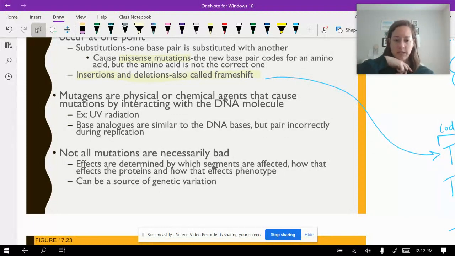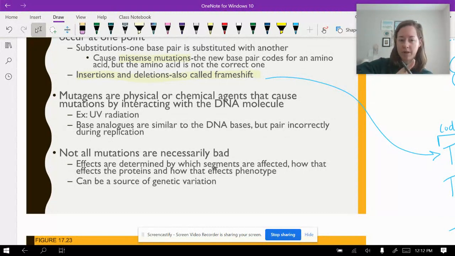And then, of course, I've said this, but not all mutations are always bad. It just depends on what amino acid and what protein gets affected, and it's usually totally random where the mutation lands. Most of the time, it actually has no effect, but it can be negative or it can be positive.